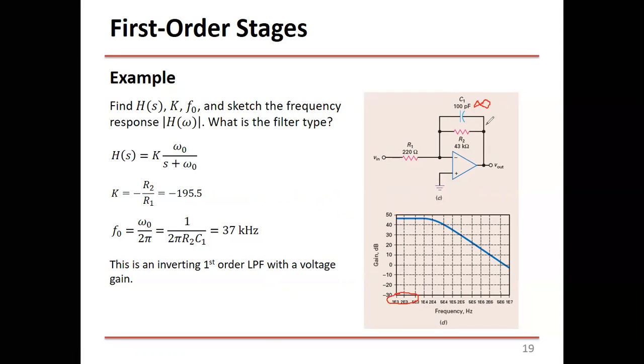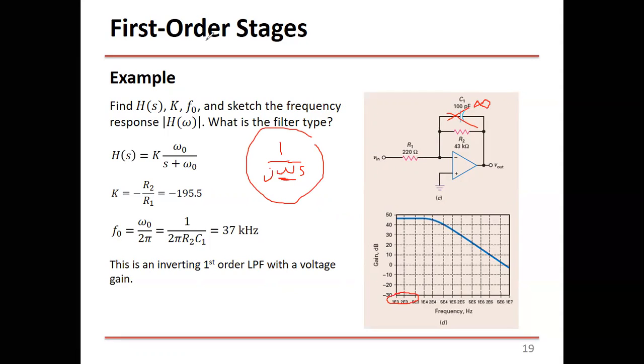Why is the capacitor open circuit because the frequency is very low? Because the impedance is 1 over j omega C, which is 1 over SC. So when omega is very small, the whole value is very large. So the capacitor is open circuit, so we just remove it, okay?